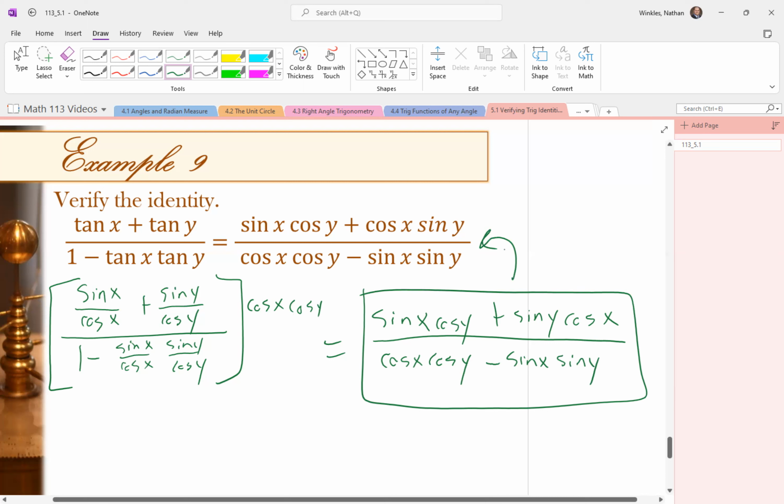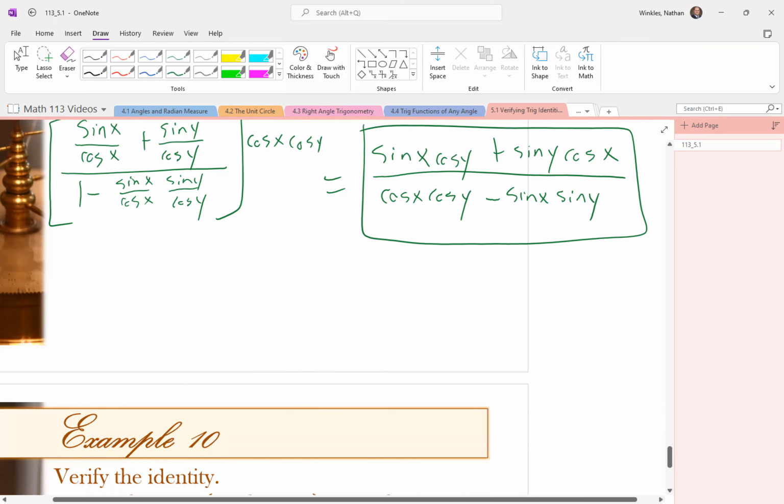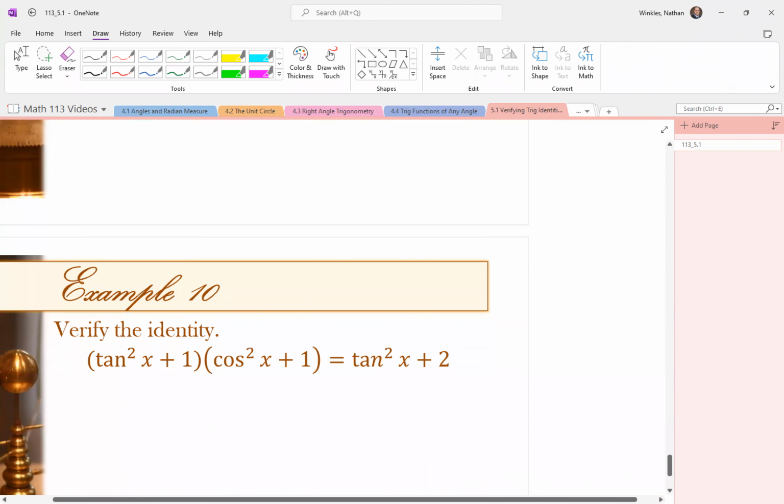And that's what we were looking for. So sometimes the complicated one may just be like one step, just depending on what we're looking for.